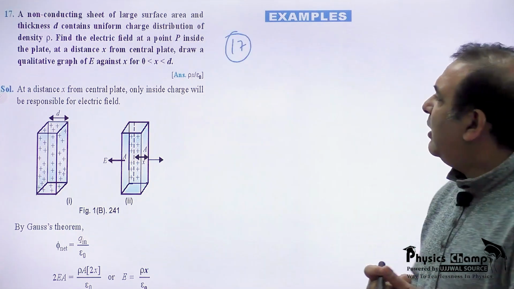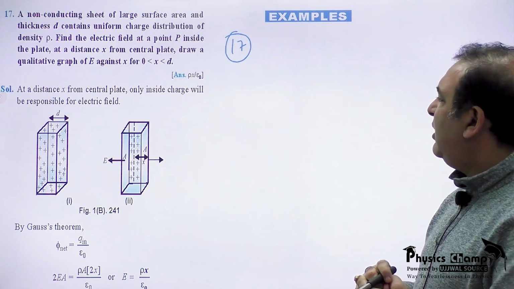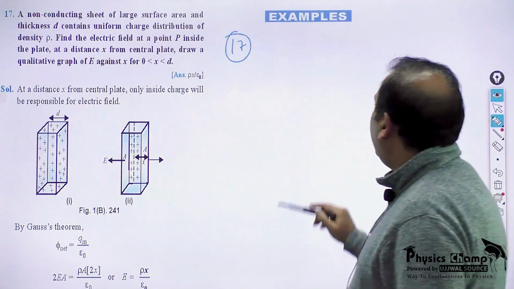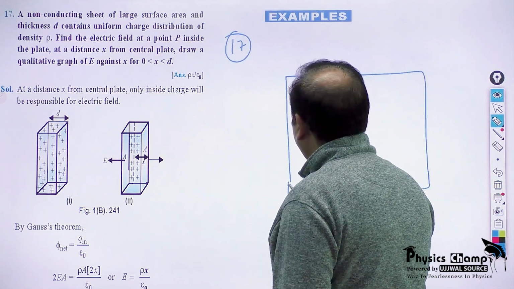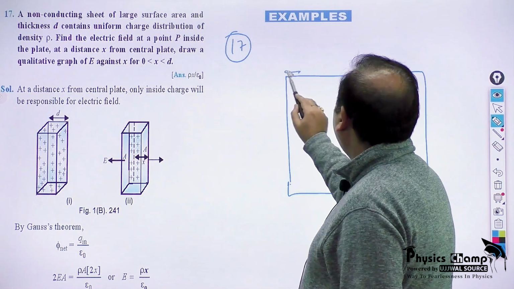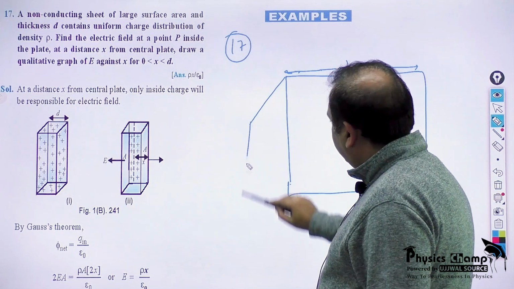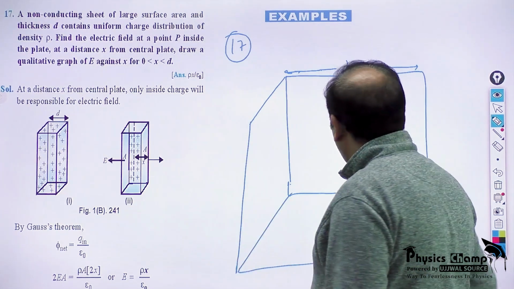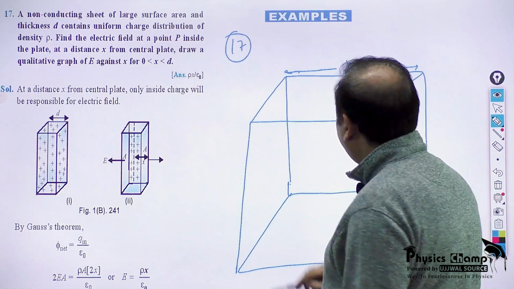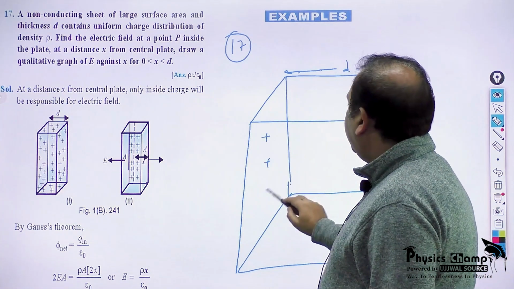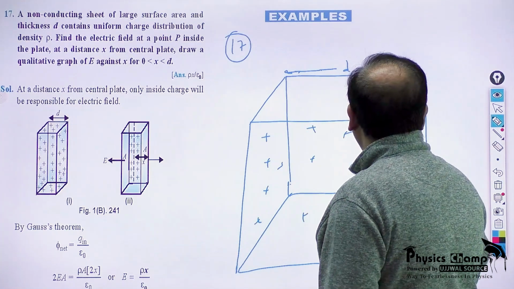Question number 17 says, there is a non-conducting sheet of large surface area and thickness d. So you have a sheet, and this sheet of large surface area, it's a huge sheet, and it has thickness d, and it's non-conducting, it means insulating material.